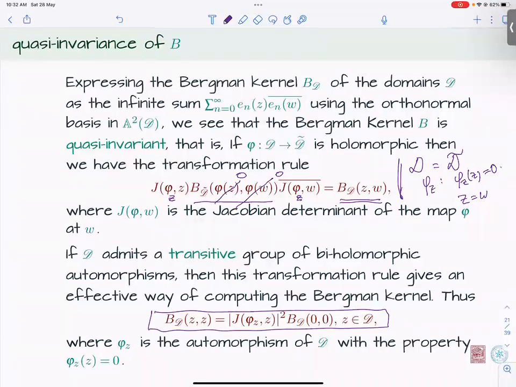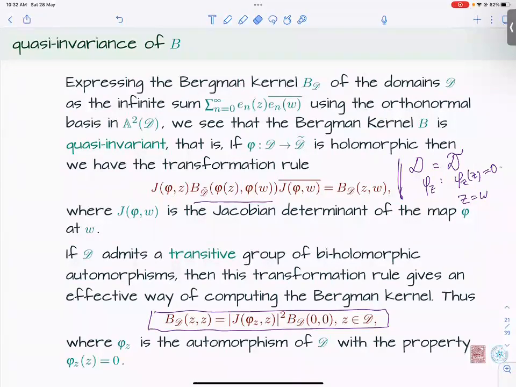Now, I wanted to tell you a story from people who have witnessed this. They seem to know that Bergman, who is a Swedish mathematician, while working on this, when he discovered the Bergman kernel, was hoping that the Bergman kernel itself would be a biholomorphic invariant.